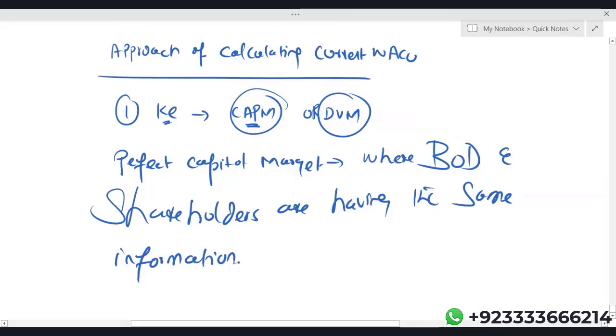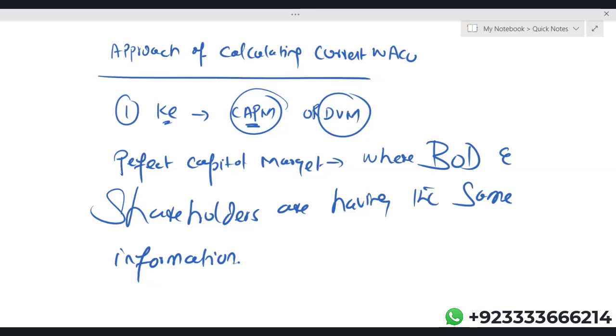Students, always remember one point: this market does not exist. It will never happen that BOD and shareholders have the same information, unless whoever is sitting in the BOD are the only shareholders of the company, then the scenario is different. Otherwise, practically it is not possible. Practically, shareholders will have different information than the BOD.